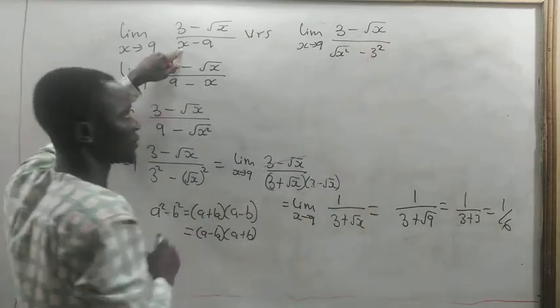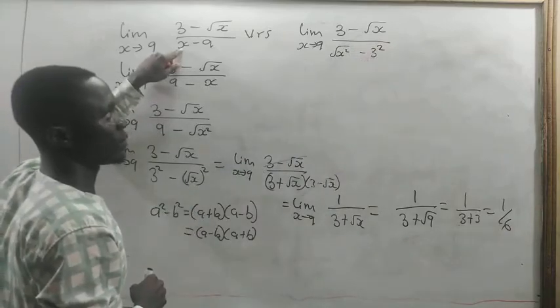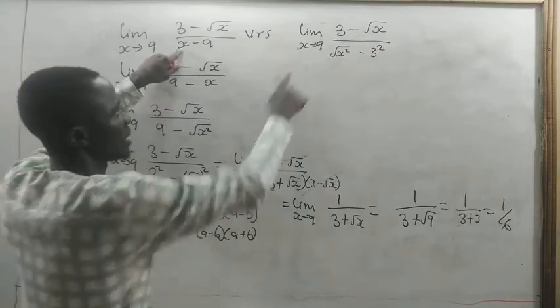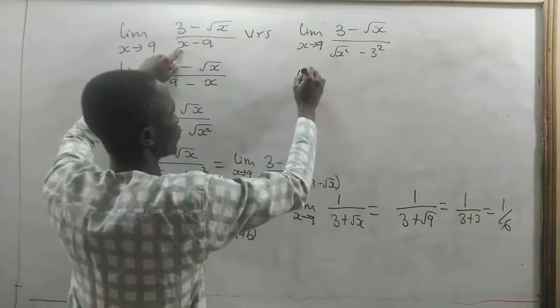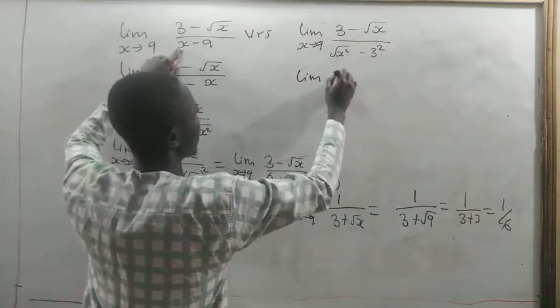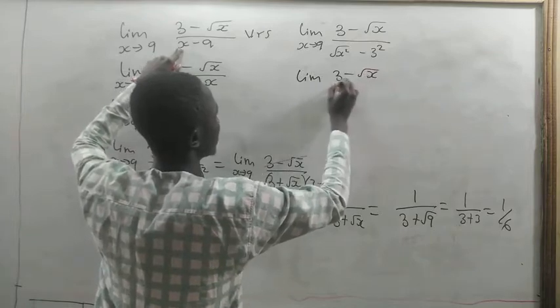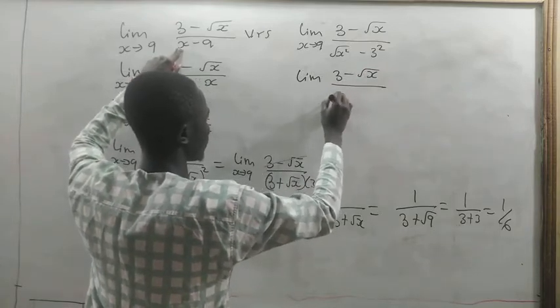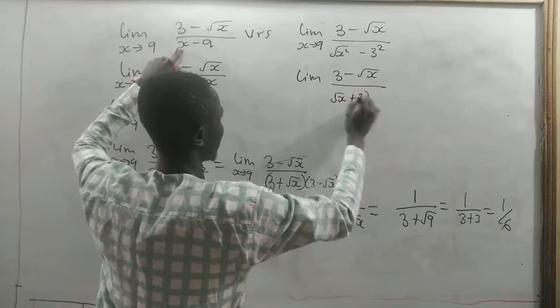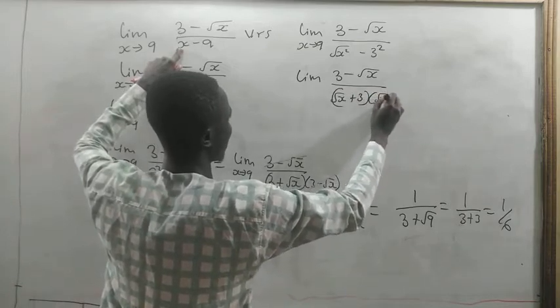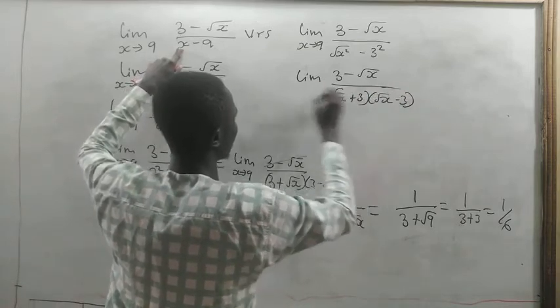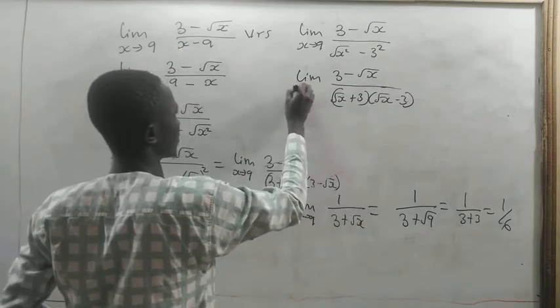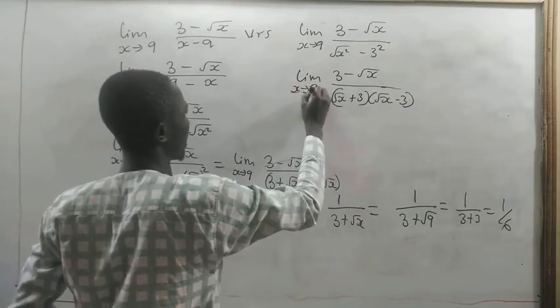So we take the limit of 3 minus root x divided by the square root of x squared minus 3 squared as x approaches 9, equal to the limit of 3 minus root x divided by root x plus 3 times root x minus 3 as x approaches 9.